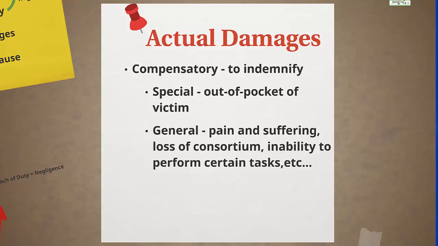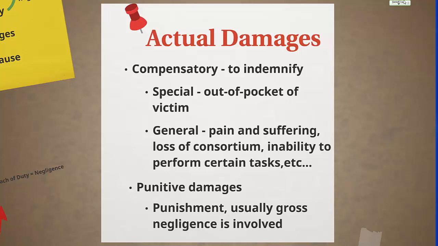Society, and sometimes specifically juries and judges, will put a number, a price on these damages so that the victim of the accident can be indemnified. Then there's also punitive damages, which are not compensatory. Punitive damages are punishment. Usually these exist when gross negligence is involved, and often this involves a court case where a judge or jury awards those punitive damages.